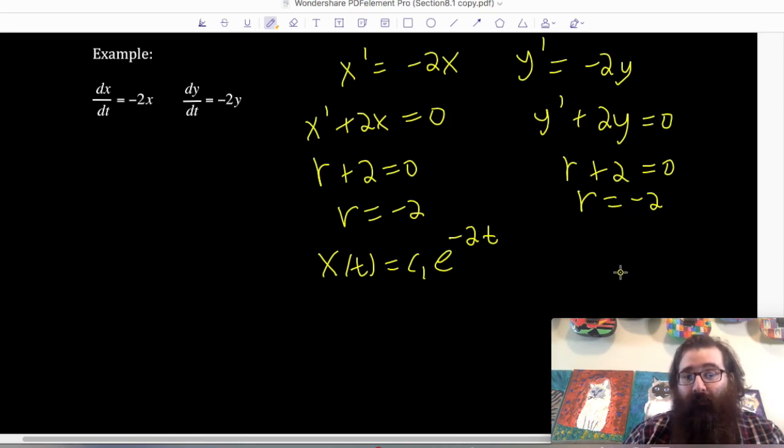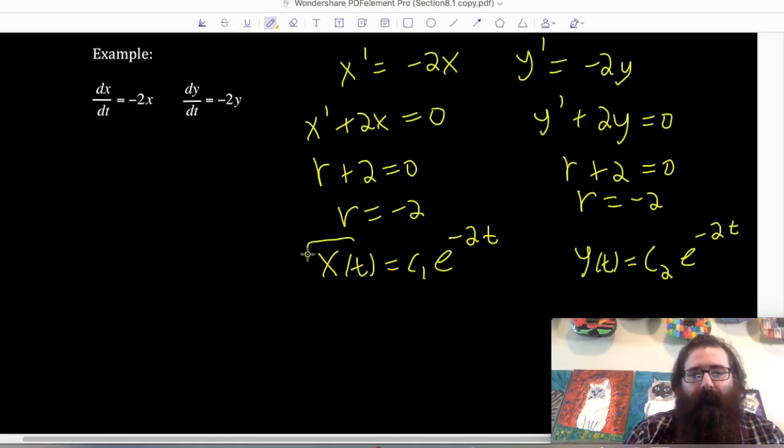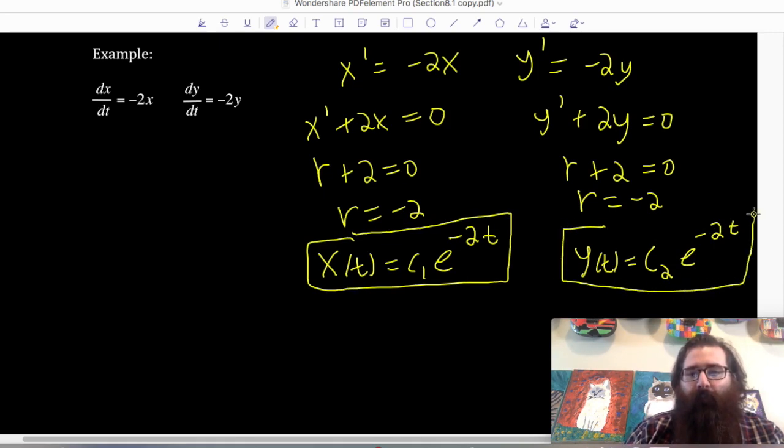And y should look the same, right? So we'd say y of t. I don't know that its coefficient is necessarily the same, so we'll say c sub 2. But it is that exponential function e to the negative 2t. So here we build our solutions for x and y, and they're both really of the same general form.